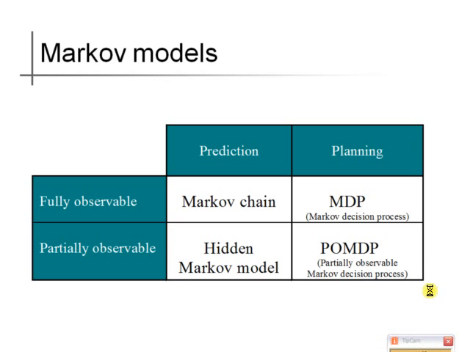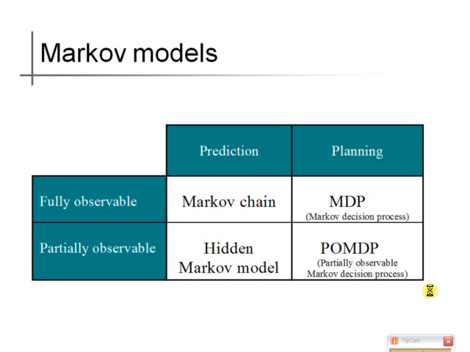So I mentioned this already when we were talking about MDPs: if you're just predicting, then it's a Markov chain, and if you also have action choice, it's a Markov decision process. Similarly, if you have a partially observable world and you're doing prediction, you get hidden Markov models. Those of you who know HMMs know that they have a lot more uses than Markov chains, MCs.